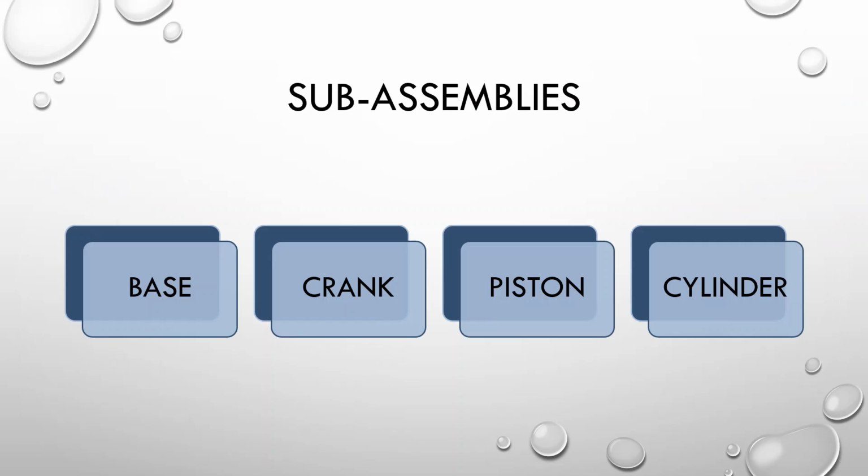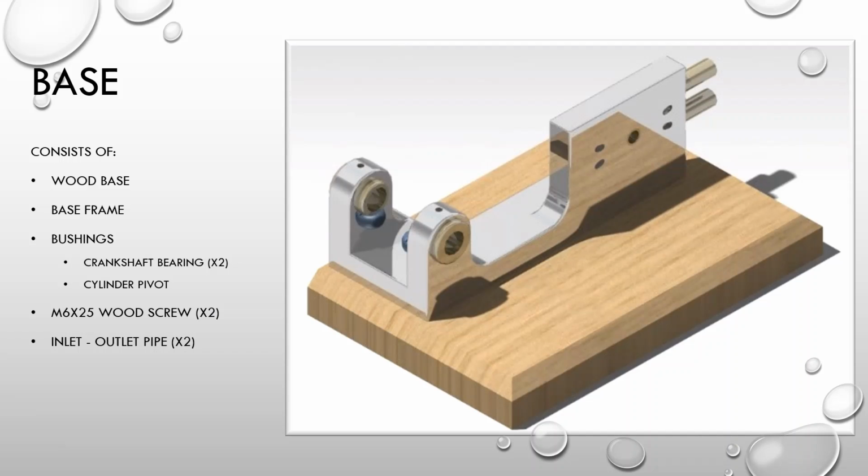So we had 4 subassemblies: the base subassembly, the crank subassembly, the piston subassembly, and the cylinder subassembly. So the base, obviously you can see the rendered picture of the base next to us.